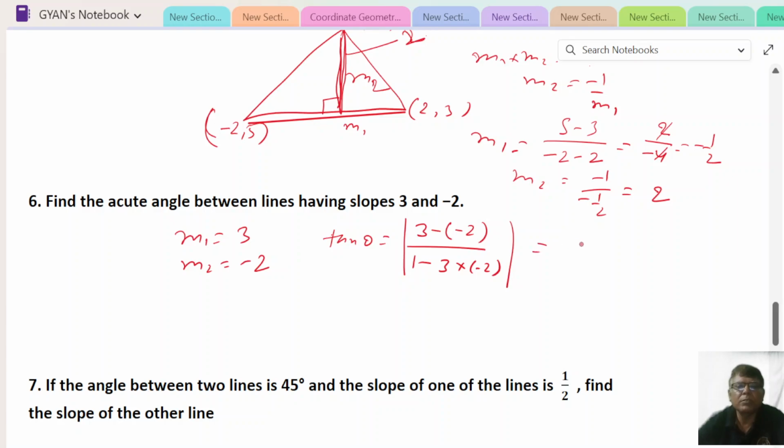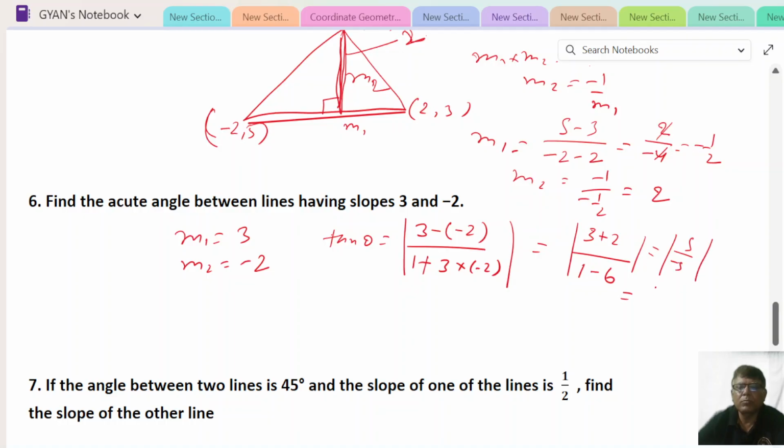So that is equal to 3 plus 2 divided by 1 minus 6, so this is equal to 5 by minus 5.